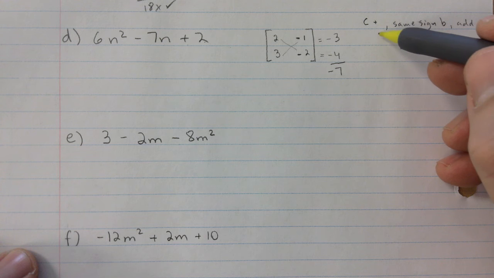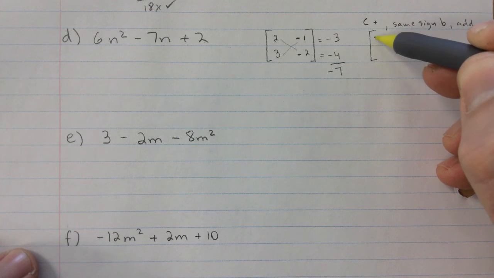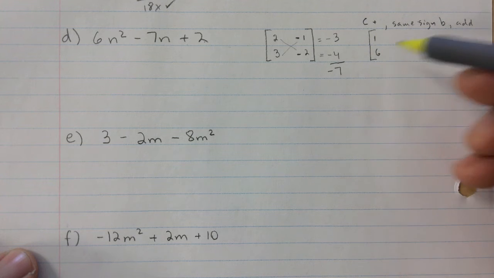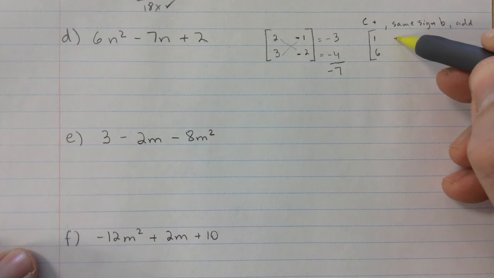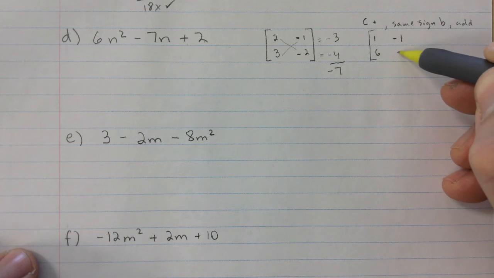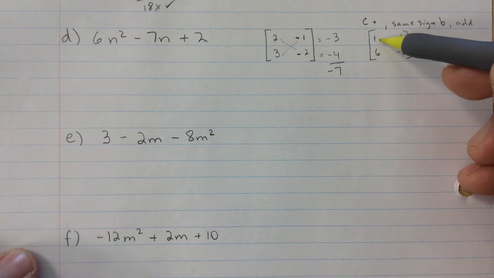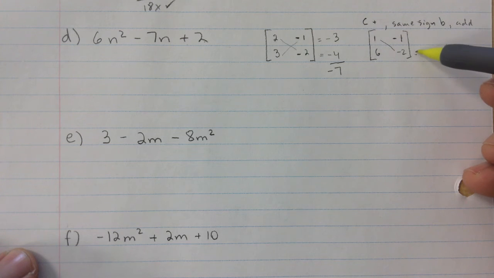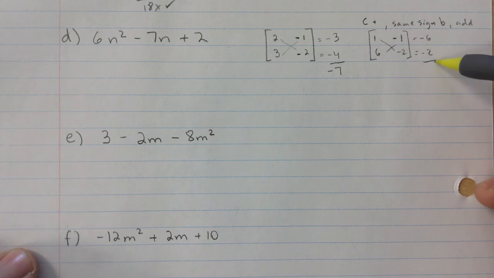But let's say you tried 1 and 6, right? 1 and 6, and you had a pretty good feeling as negative 1, negative 2. Okay? Then it would have been negative 2 and negative 6, which add up to negative 8. And this does not work, right?